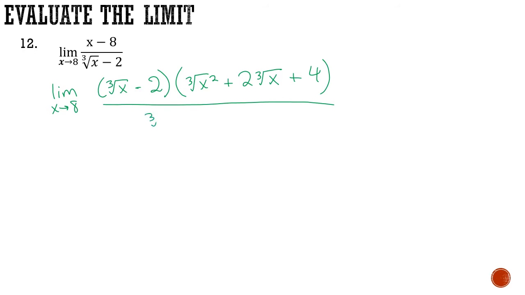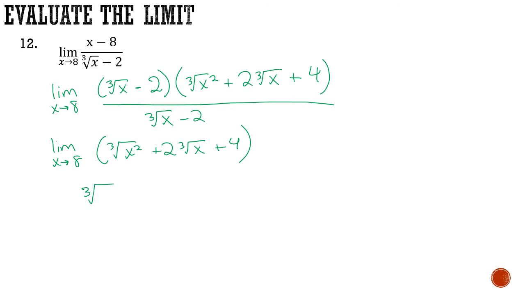Over the cube root of x minus 2. All right, that factor will cancel. The limit as x approaches 8 of the cube root of x squared plus 2 cube root of x plus 4. Okay, now substitute your 8 in for the x.